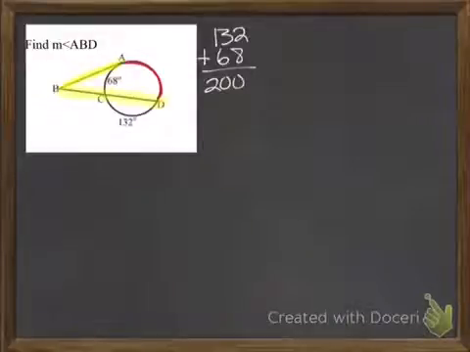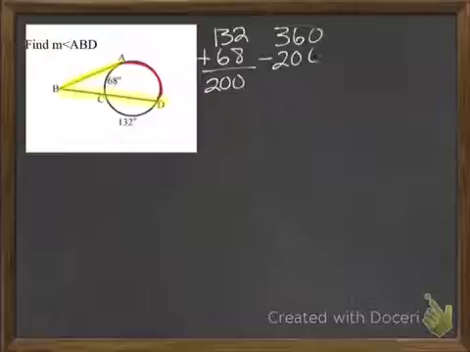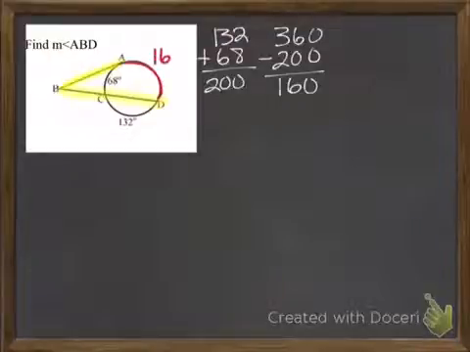And then you're going to subtract 360 minus 200 and get 160. So the arc from A to D equals 160.